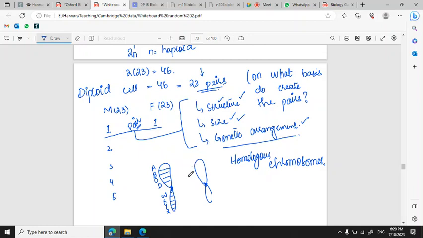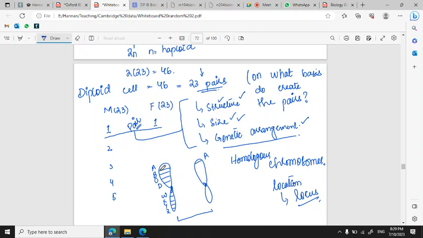Now, what does it mean? If these are homologs, remember that the other homolog would have the same gene at the same position. You have already told me that the location of a gene is called a locus. So remember that the locus of the genes on homologs would be same to same.